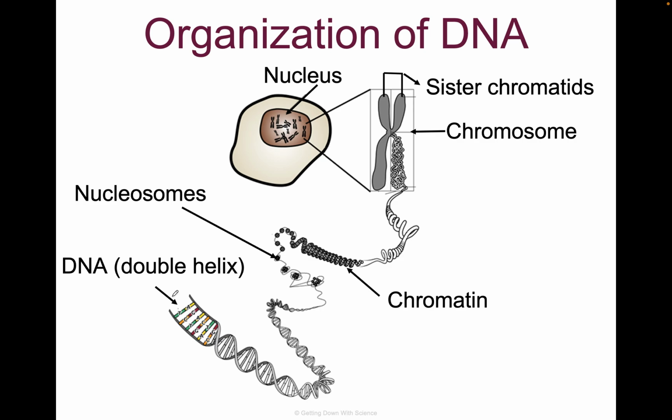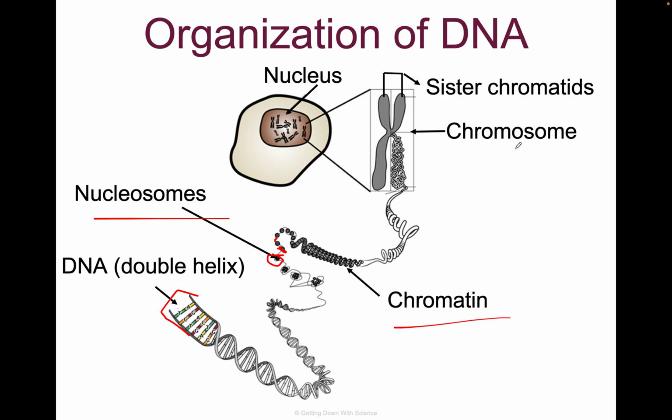Here's everything, right? So we have DNA in its natural form. We condense it around histones. These histones form nucleosomes. Nucleosomes, again, look like beads on a string, right? So the string is the DNA, and the beads are the histones. When that wraps and wraps and wraps, then we have chromatin.